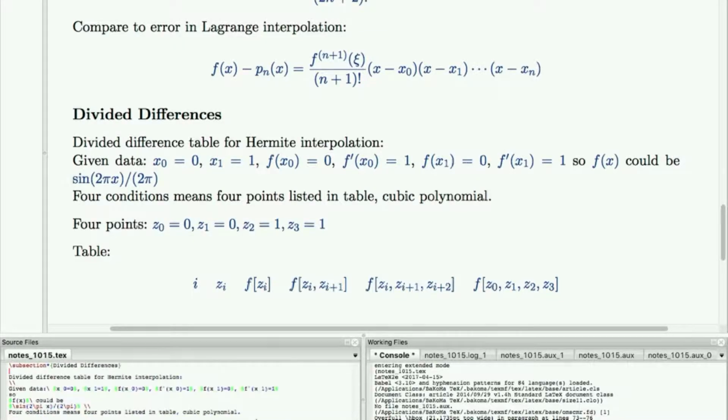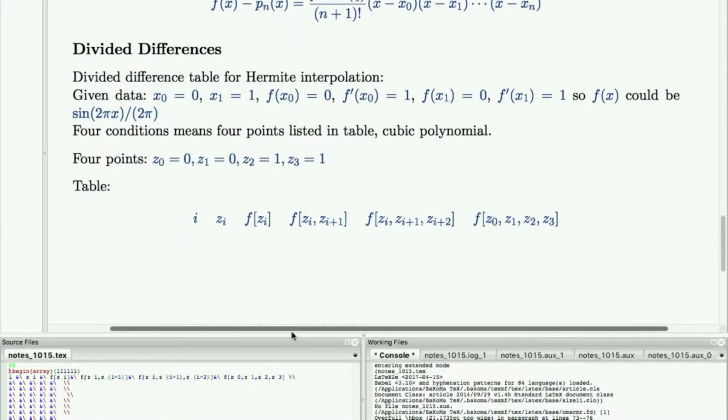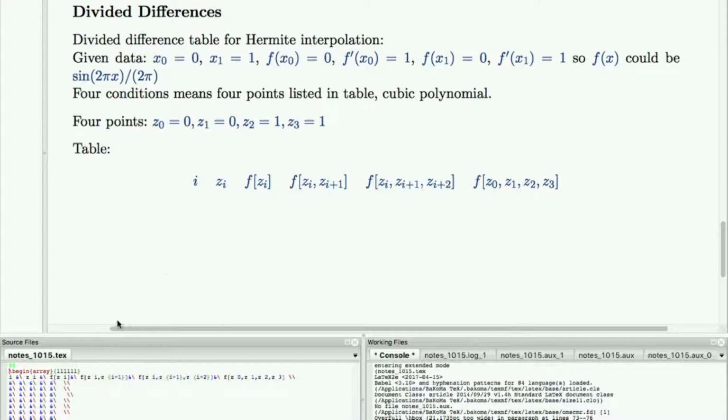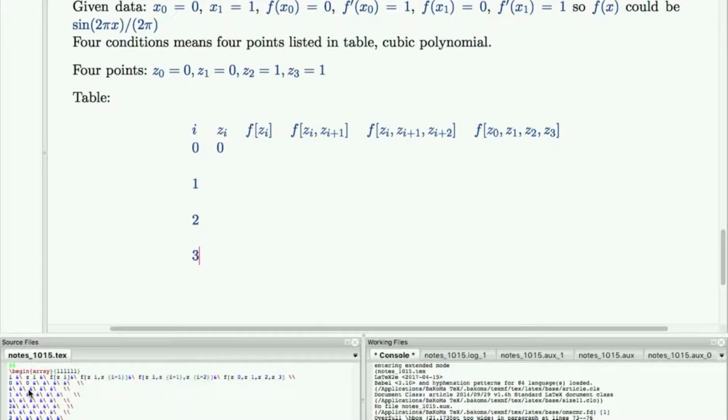Now, what I'll do is fill in my indices and the x values that go with them. Those are my indices 0, 1, 2, 3. And then the x values are now labeled as z values just for the indexing.